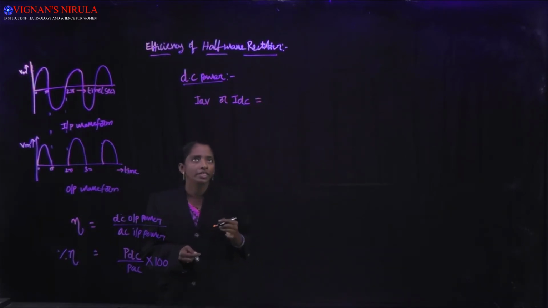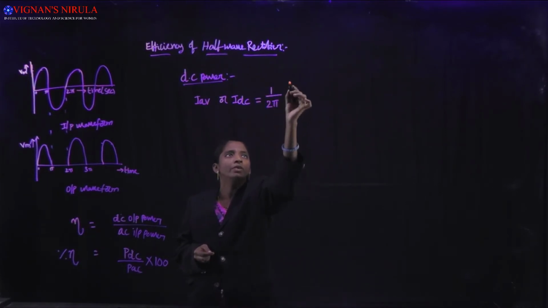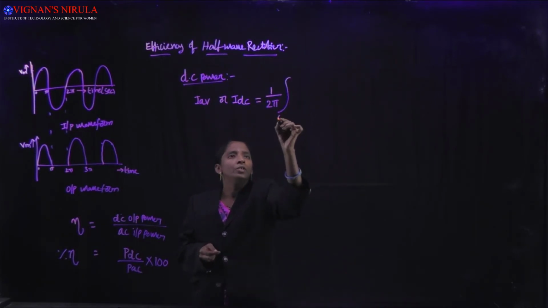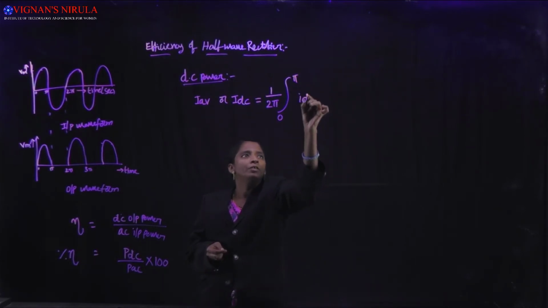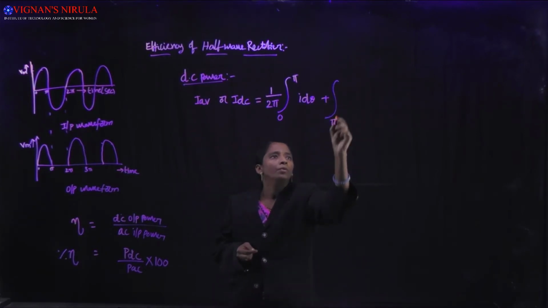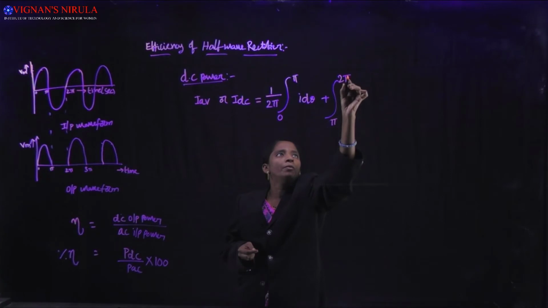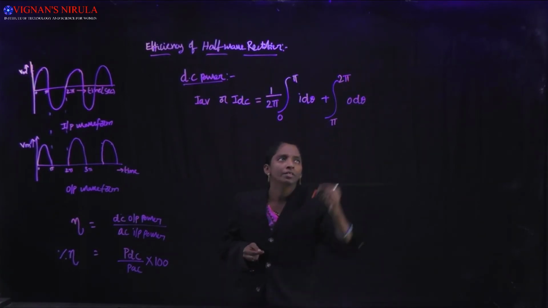I average is 1 by 2 pi integral 0 to pi I d theta plus integral pi to 2 pi, where the output is 0. That is represented with theta.